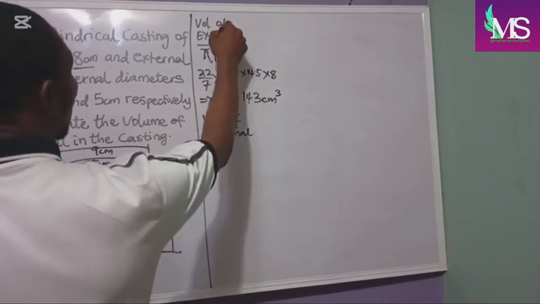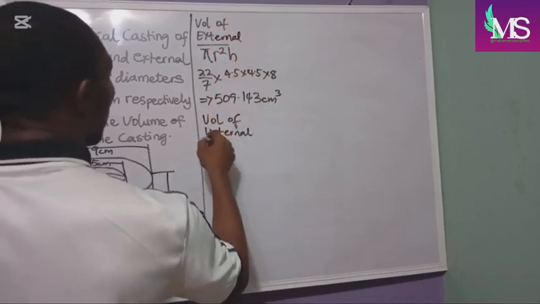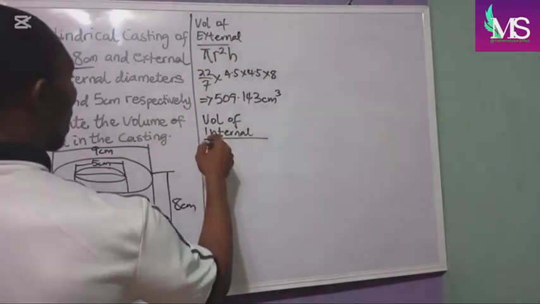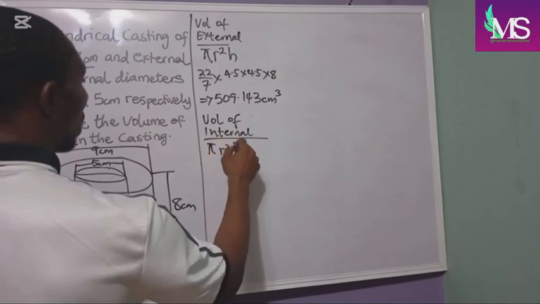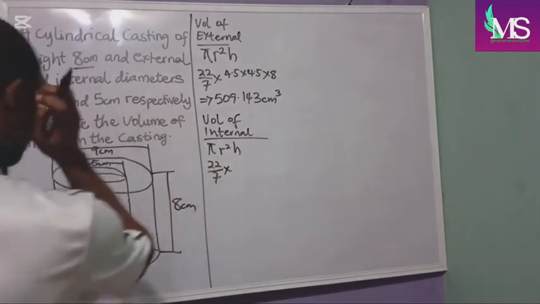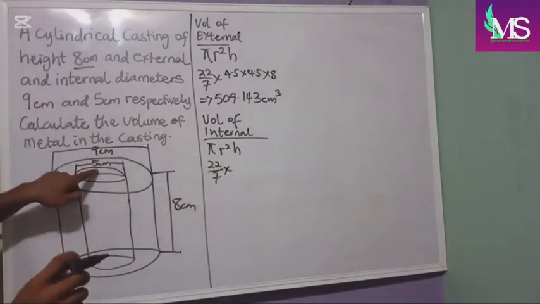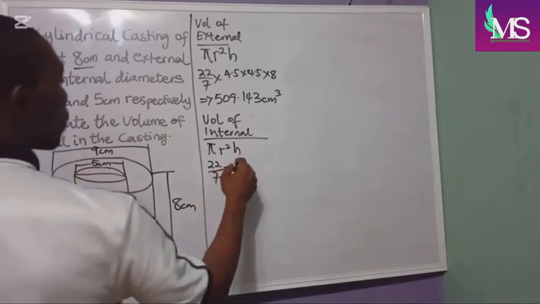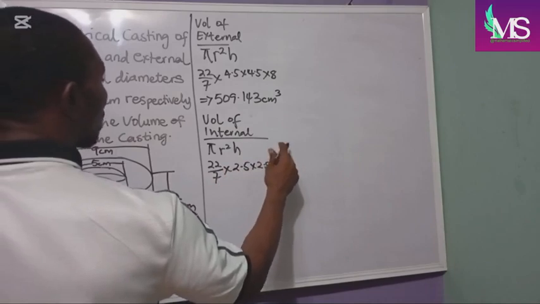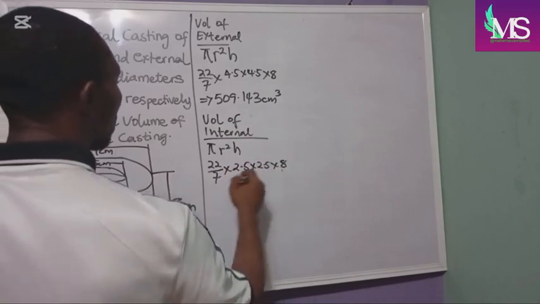This is external. Okay, the volume of internal, still using the formula pi r squared h, will become 22/7 times our r, which, since it is 5 in diameter, will become 2.5 times 2.5. Our h is still 8, times 8.